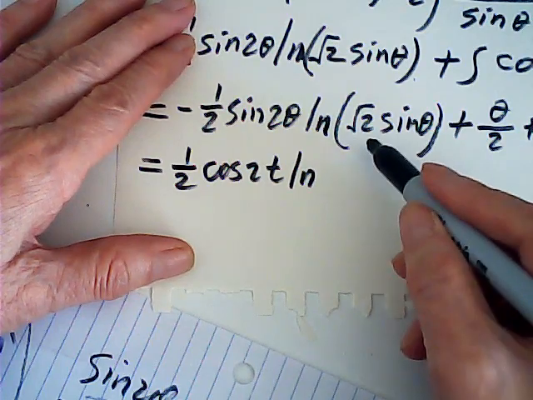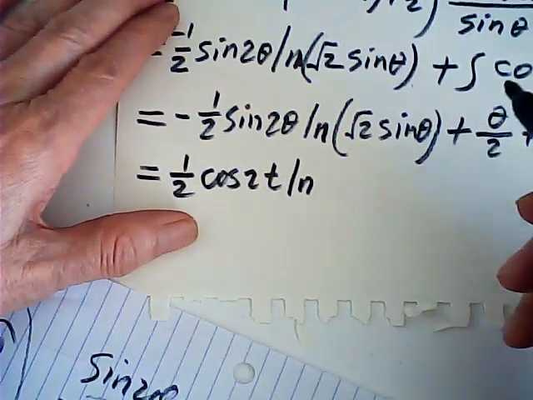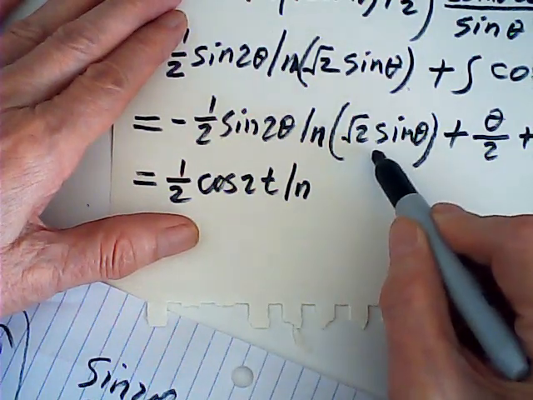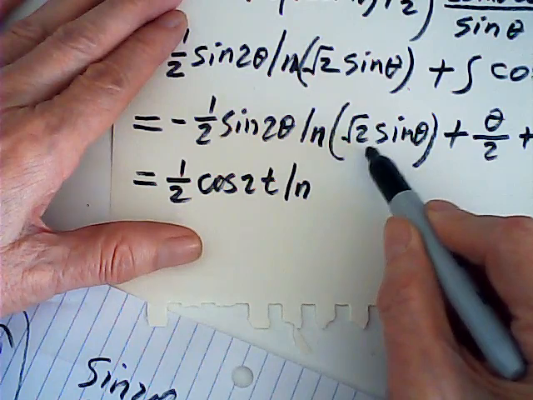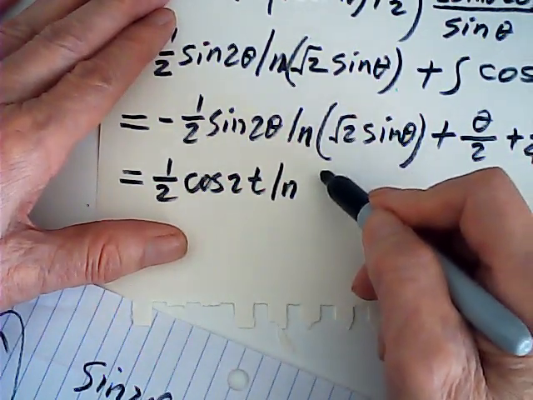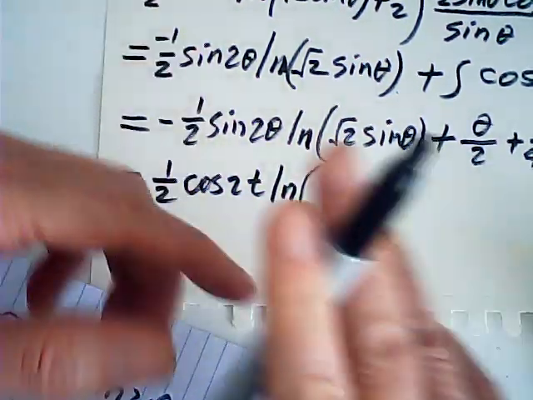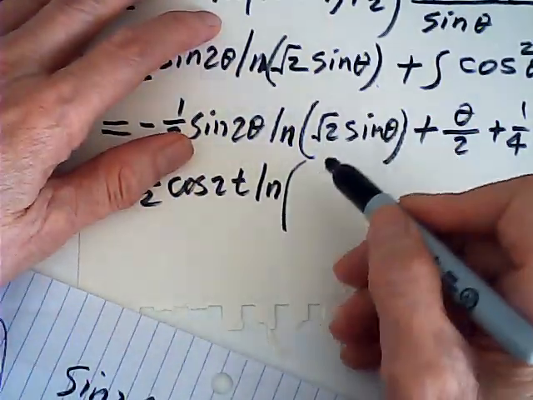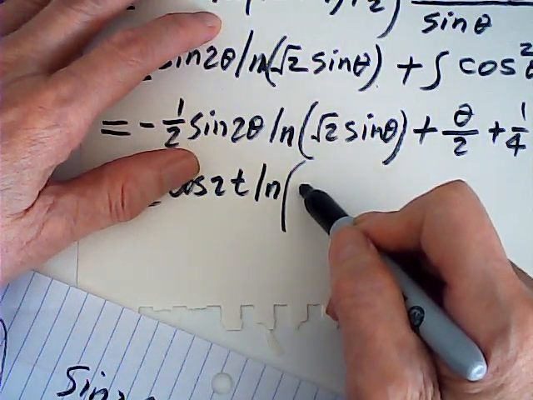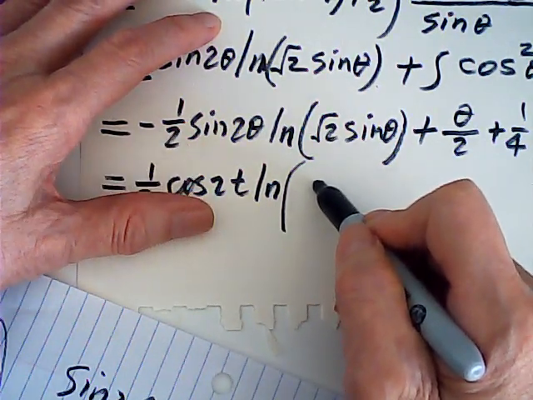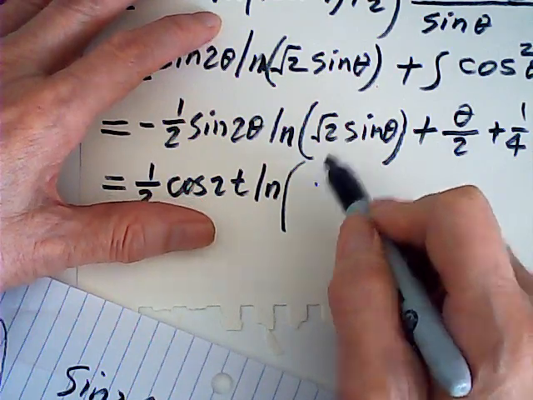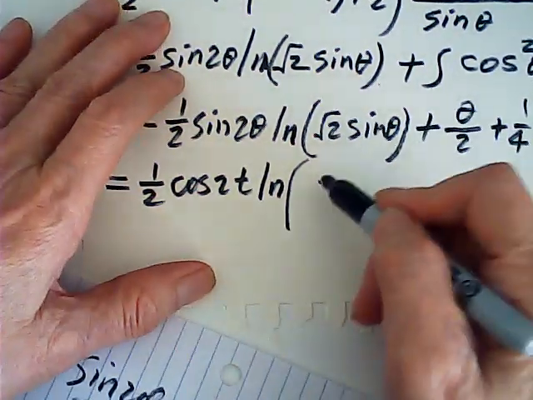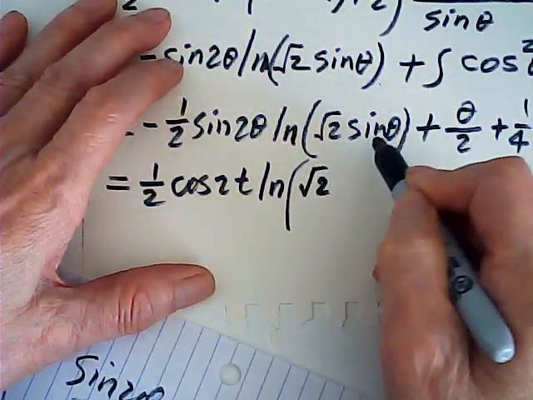This is equal to, well, how should I put it? This is a natural log of one over root 2 sine theta.